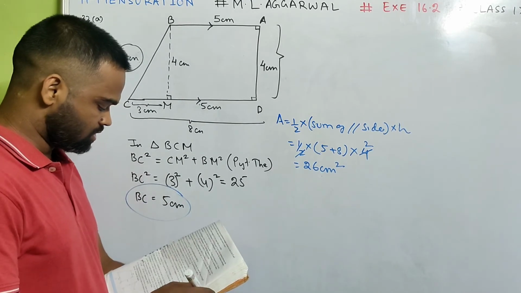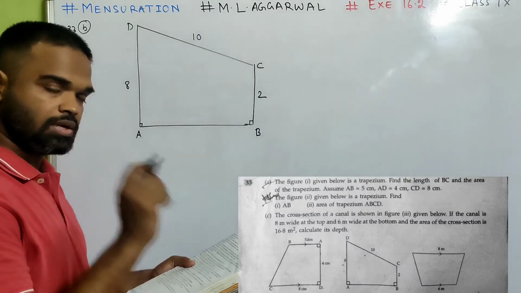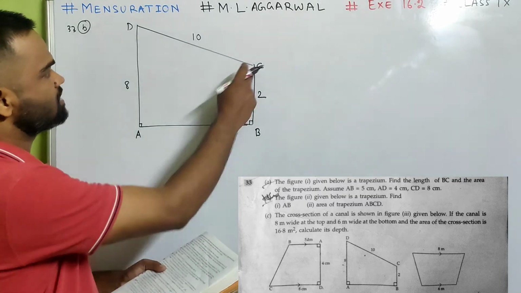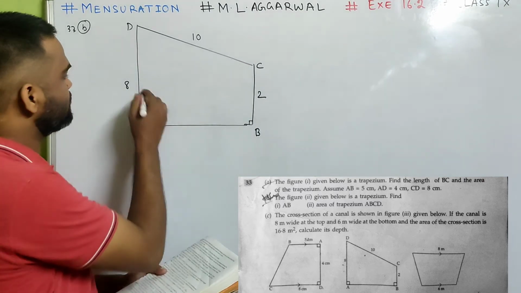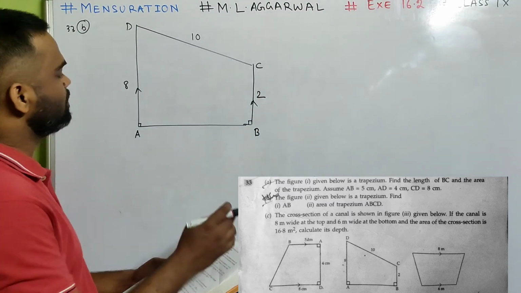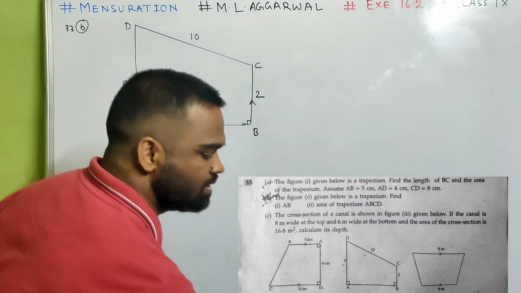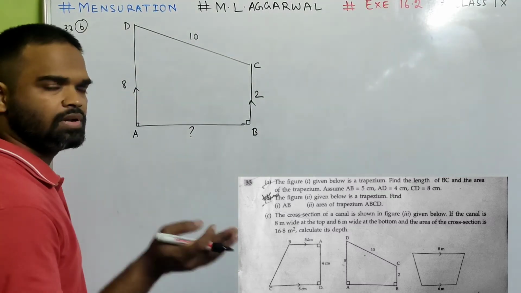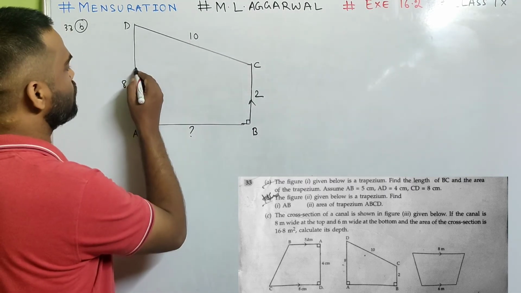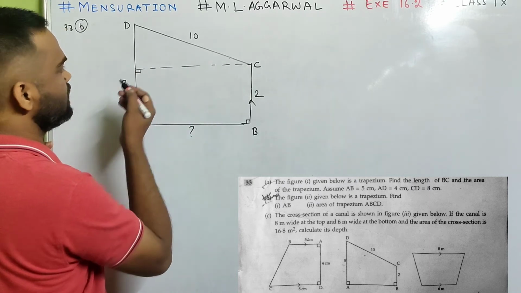Okay. Now let's look at part B. Now look at 33 part B. The figure given below is a trapezium ABCD. Angle A and angle B is 90, which means this is parallel to this side. Find AB, they want the length of AB, and the area of the trapezium ABCD. First of all, just similar to the previous sum, what I'll do, from C, I'll drop a perpendicular on AD.